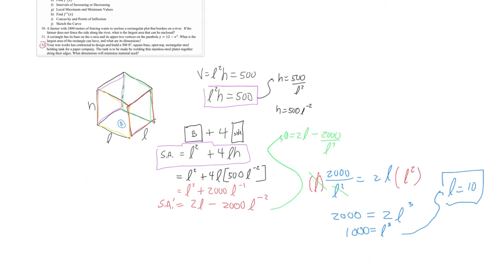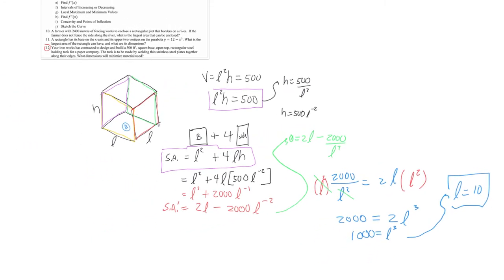So L equals 10. And looking over here, we should easily be able to find out what H is. So H is going to be 500 divided by L squared. So that's going to be 500 divided by 100, and that's going to be 5.